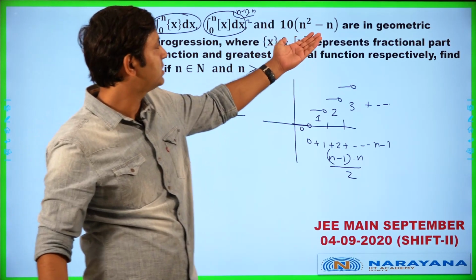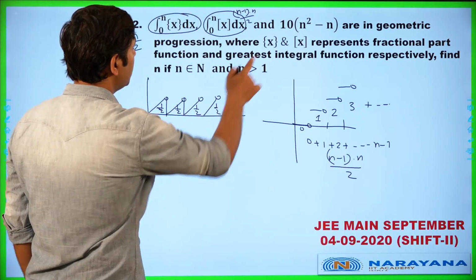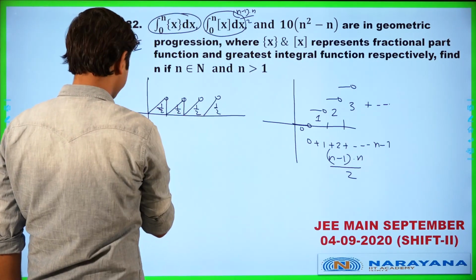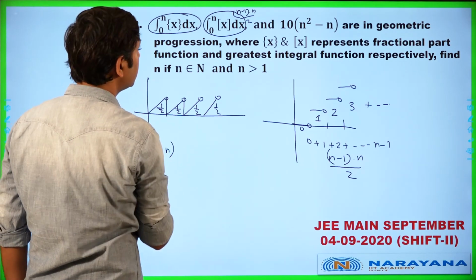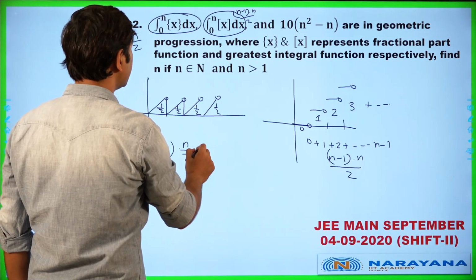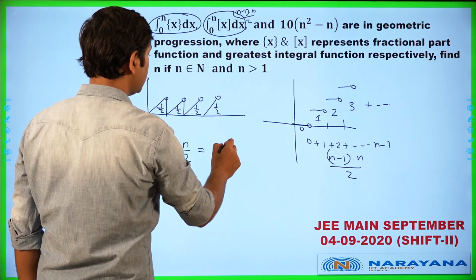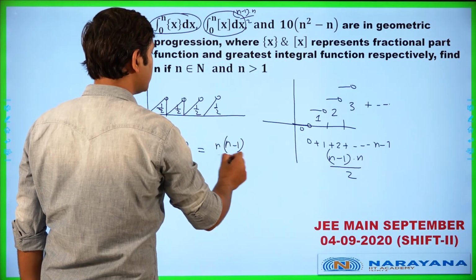And this term also is (10n square minus n) by 2. We need to find n. We will write the product of these two, (10n square minus n) multiplied by n by 2 is equal to (n minus 1) whole square upon 2 whole square.